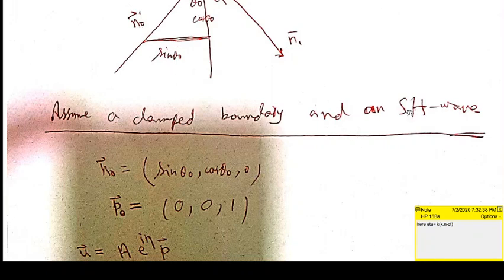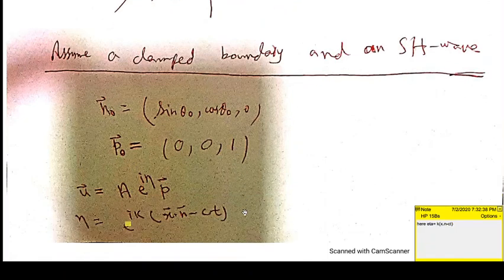As we have SH, it means that P naught will be 0 0 1. Suppose that our displacement is displayed in this form. As we have a plane wave, we can write our displacement solution in this form: A for amplitude, e to the power iota eta, P, this P for polarization, and this eta is given here. Note that here it is not e iota.